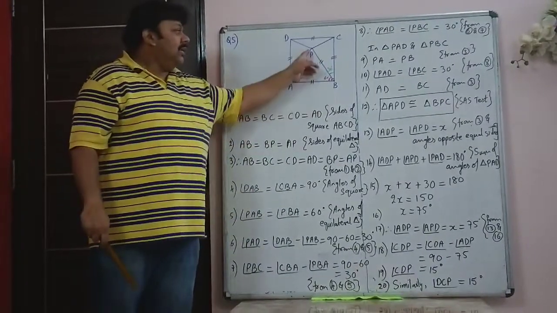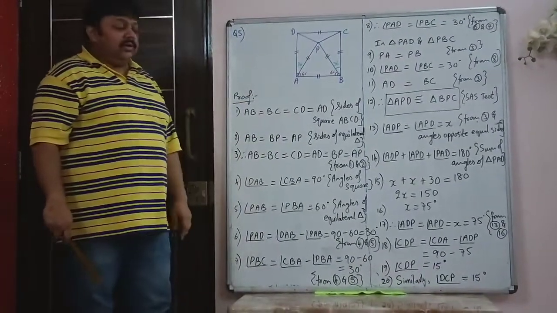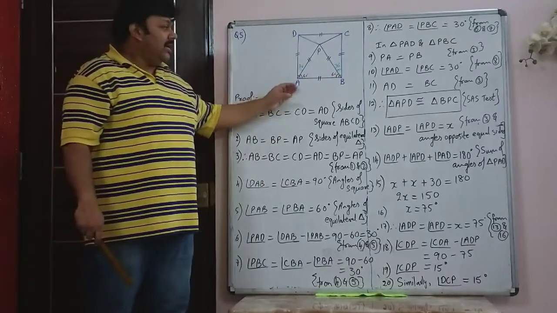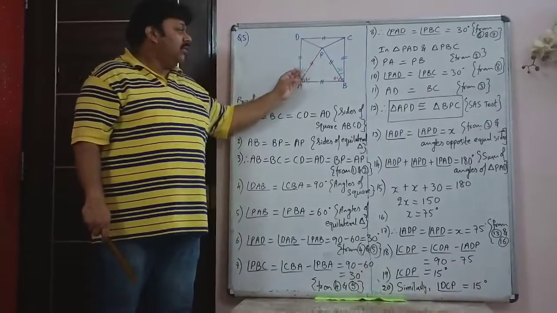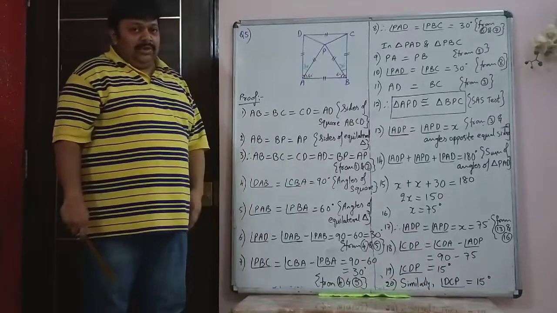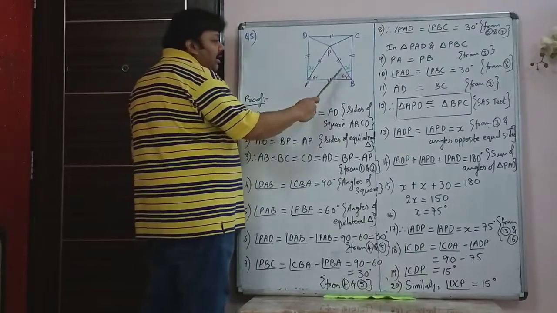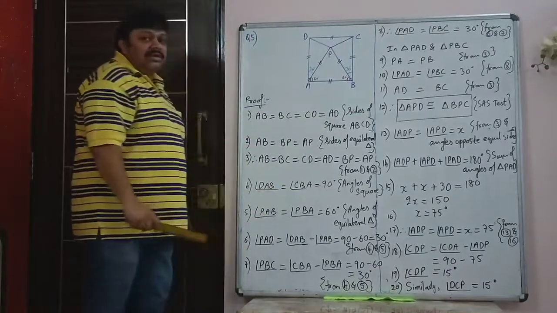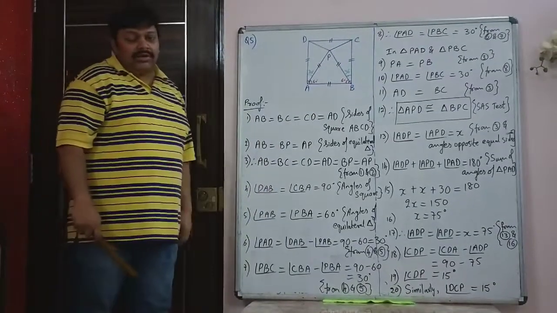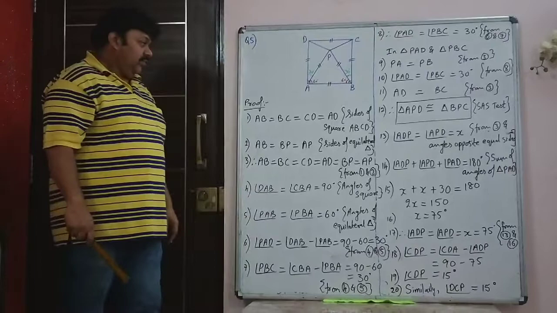So if ABP is an equilateral triangle, it means that AB is equal to BP is equal to PA. All three sides are equal. And also the angles of an equilateral triangle are 60 degrees, which you saw in the previous sum also.